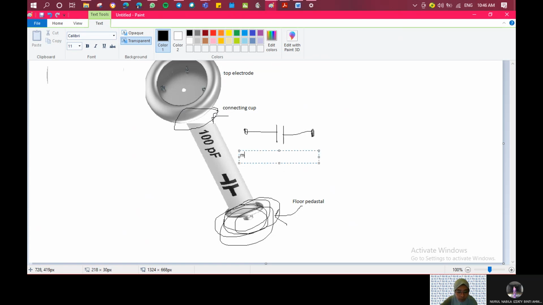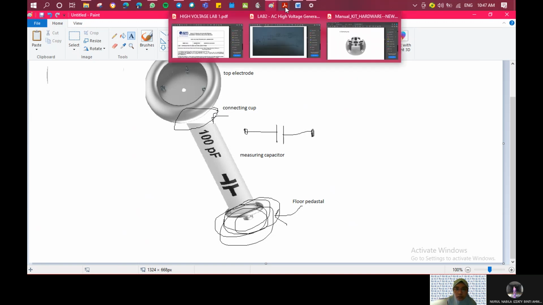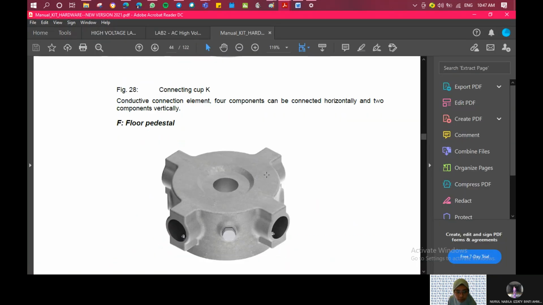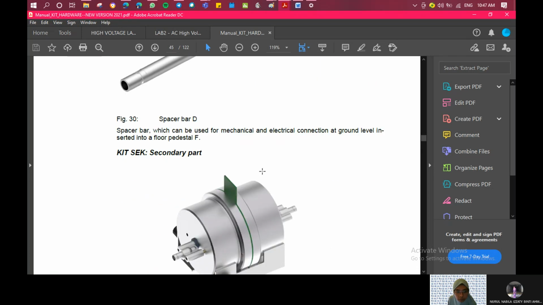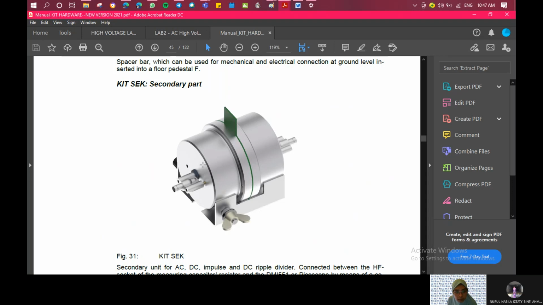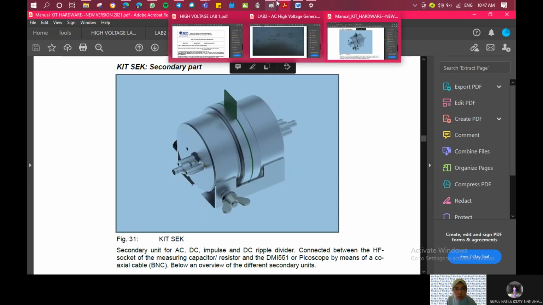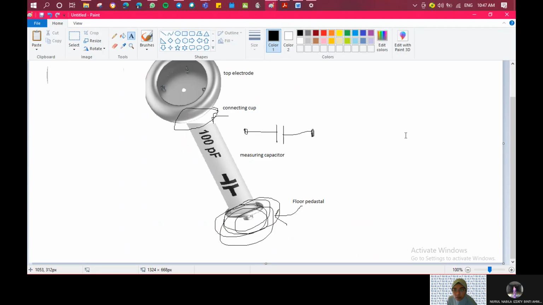This is a measuring capacitor. Top electrode, and then this is the measuring capacitor, and it will be connected to this one, the secondary part.